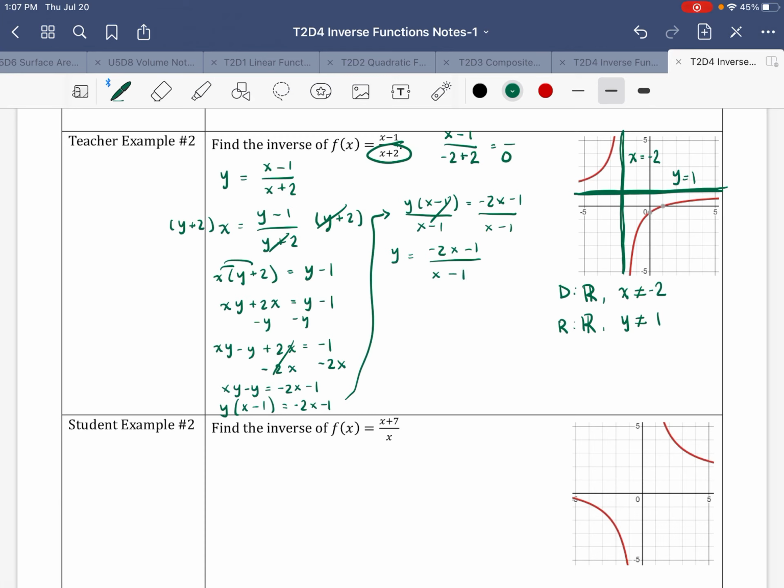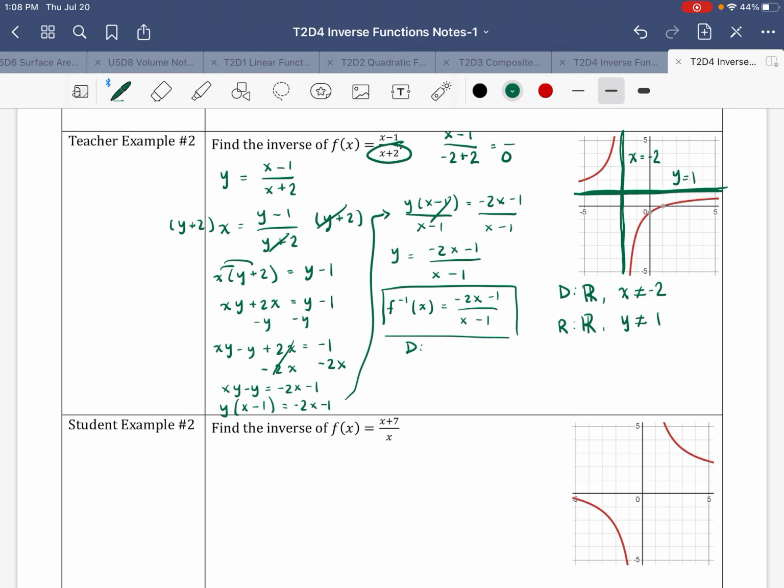All right, and since I have y by itself, my right-hand side does not have any y's in it. I can rewrite it as f inverse of x equals -2x minus 1 over x minus 1.